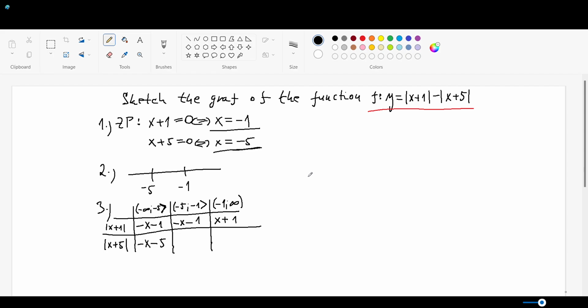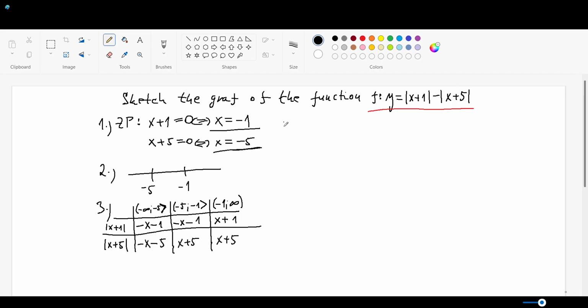And as we already know, because I was sketching the graph, all the values on the right side from -5 will be positive, because they are represented by this part of the graph of the function, which means that in the rest, in these two cells, I can very easily write x plus 5 and x plus 5.